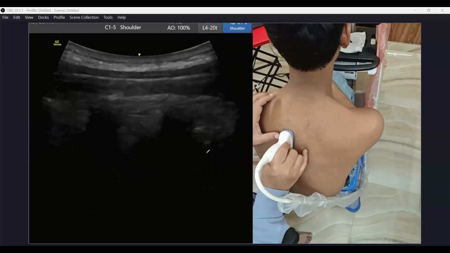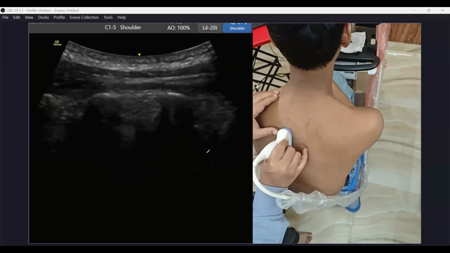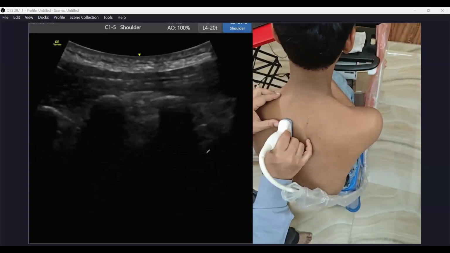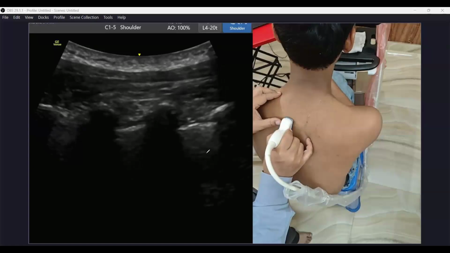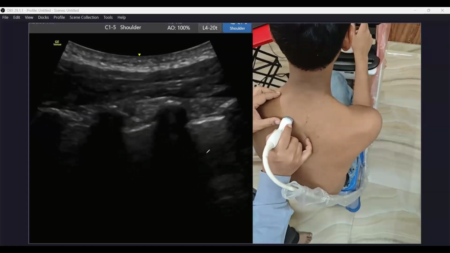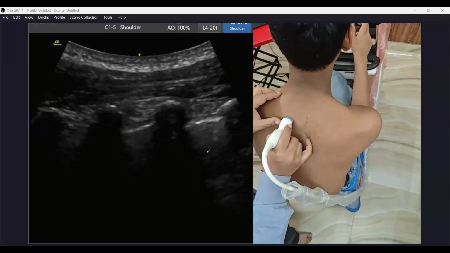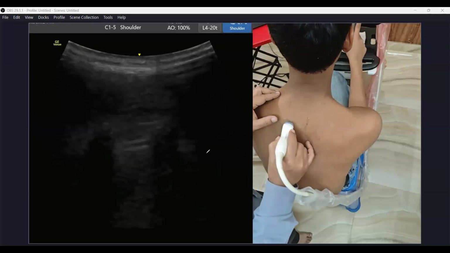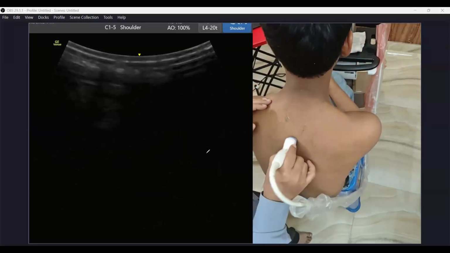Okay, so this is the transverse process area. From here I see like this. So this is the superior costotransverse ligament, and the pleura; both we can see. Okay, so this is the picture. I can see it at another level also.